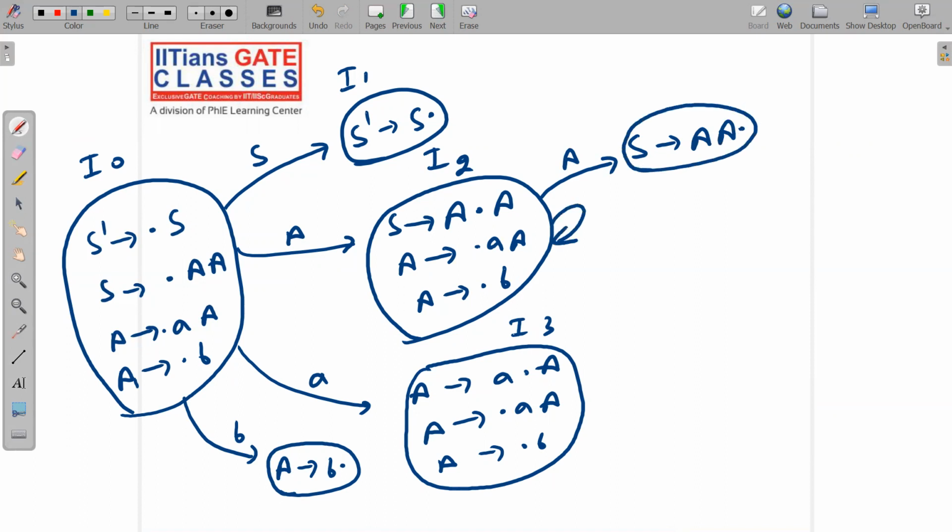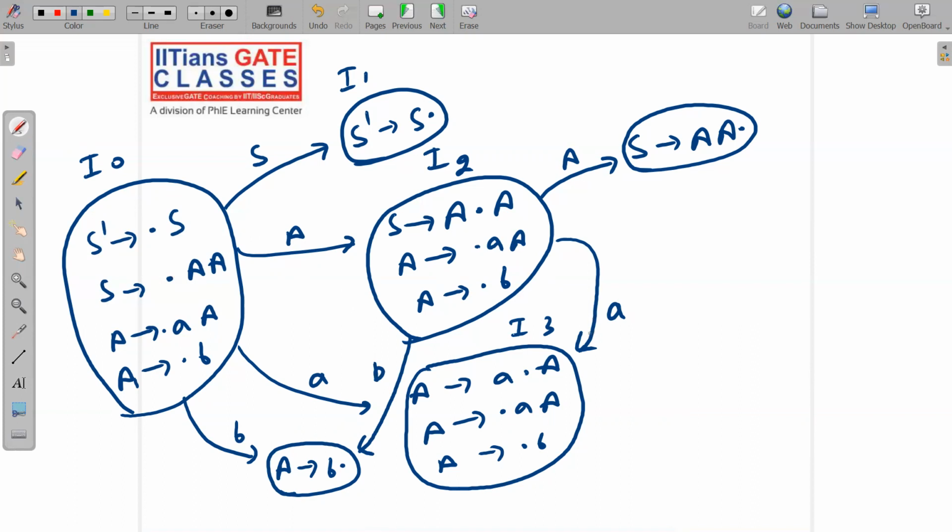On small a, I'm not going to repeat it, you will be able to imagine. On small a, the dot will come here. Sorry for that. So on small a, we will go here, because you can imagine the dot will come in between. Now on small b, we will move here.